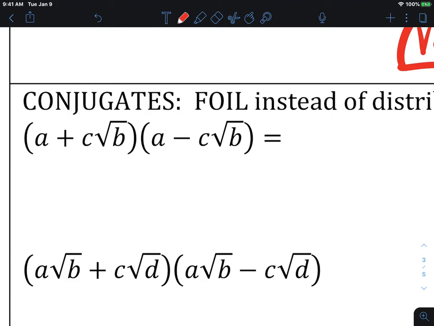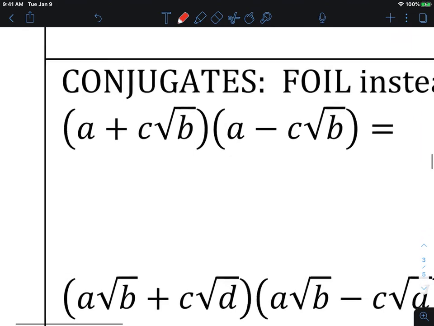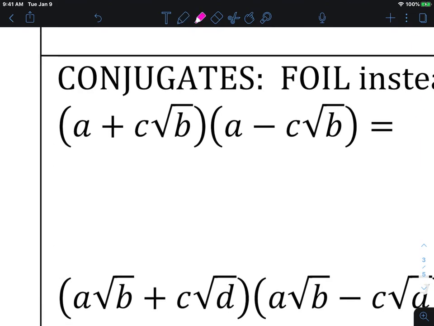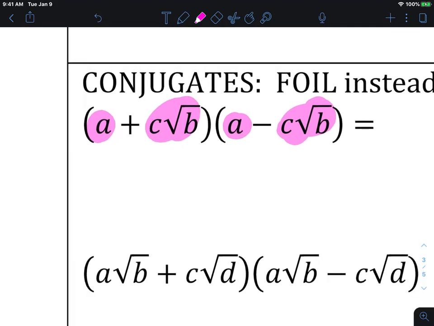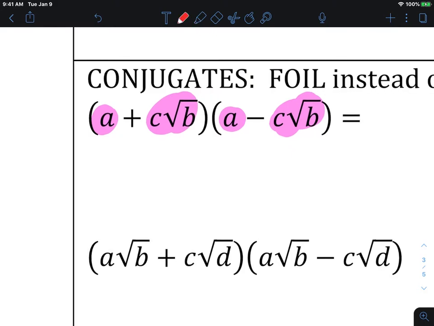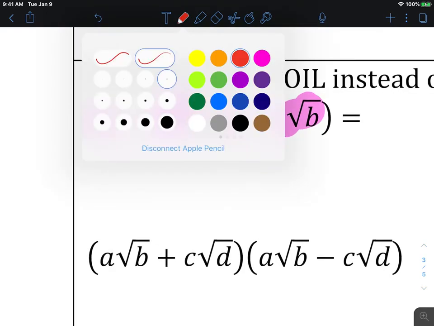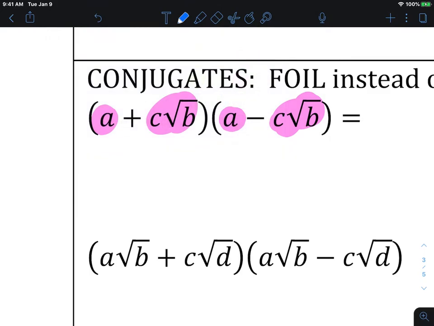So depending on what you start with, if you start with an addition or if you start with subtraction, the other one's going to be the kind of opposite of the other. But please notice that everything that's not the sign is exactly the same. Okay? And when we multiply these out, this is going to be just like when you factor difference of squares.